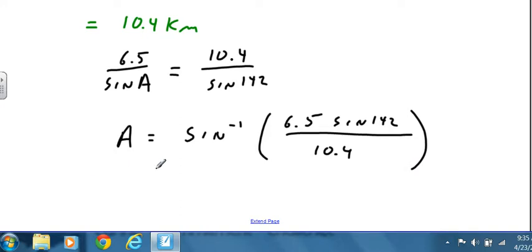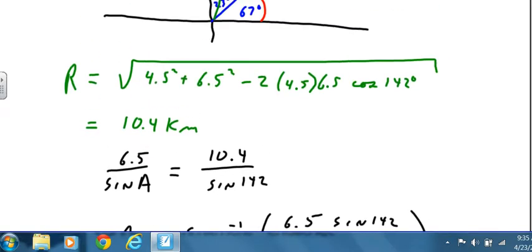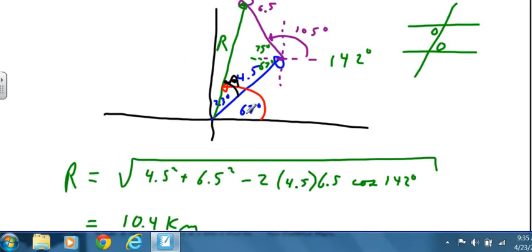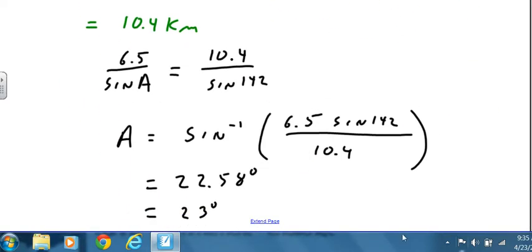And I'm going to have that A is 22.58 degrees. All right, well, I probably don't have that many significant digits, so I'd probably call it 23 degrees. All right, so if A is 23, 23 and 67 is the angle that I'm at.